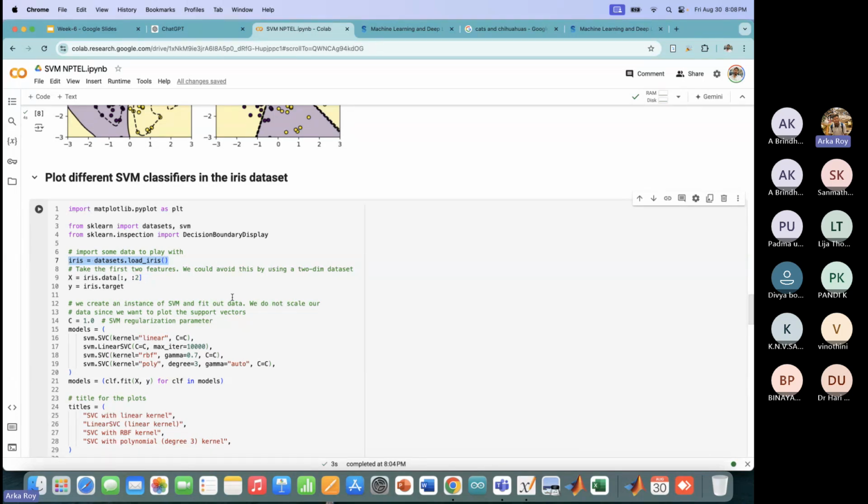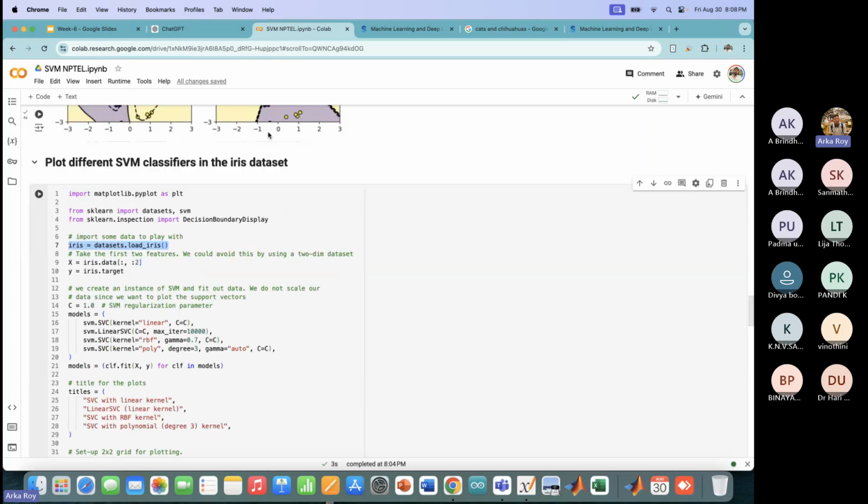Then the IRIS dataset has more than 2 features. Now, if I use 3 features, it would be a bit difficult to show these classification boundaries, because the pictures would be in 3 dimensions. So that is why I am just considering 2 features, writing take the first 2 features.